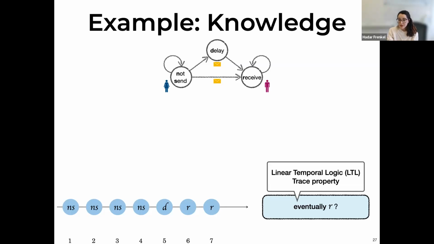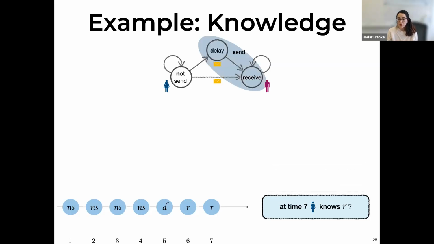Now I'm interested whether the blue agent knows that the message is eventually received. And for simplicity, I'm actually asking here if she knows that the message is received at time step 7. So the message is received, we see the execution, but actually to check if she knows something, it's not enough to only look at this execution.